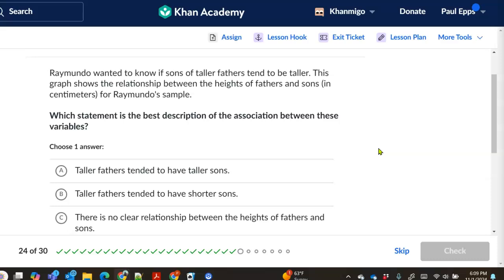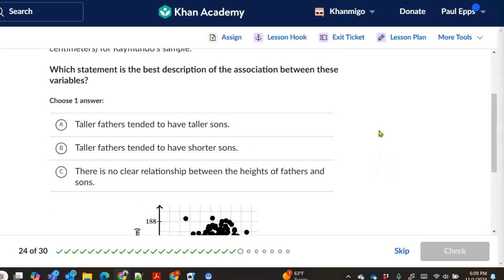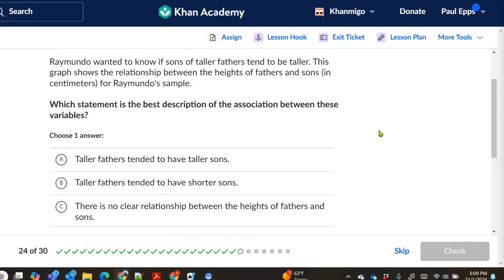Raimundo wants to know if sons of taller fathers tend to be taller. This graph shows the relationship between the heights of fathers and sons. It's just a big blob. Which statement is the best description of the association between these variables?